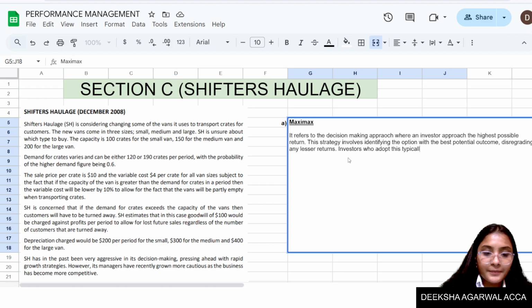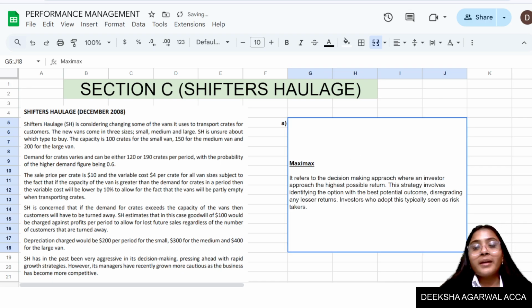It is typically seen as risk taker. Basically, this is what it is about maximax.